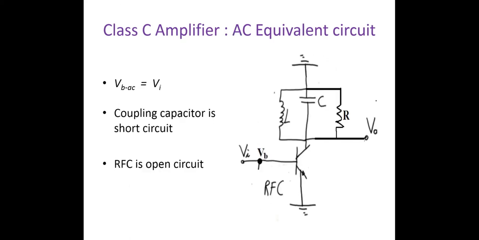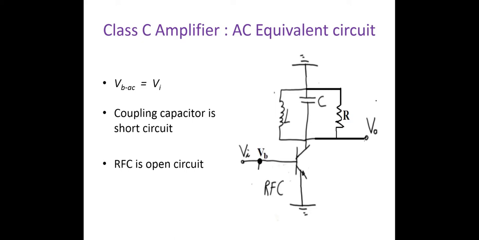The next step is to find the VBAC. So now for AC, the RFC choke is an open circuit because the inductance of RFC is very high, whereas the coupling capacitor will be short circuit, as the coupling capacitor is supposed to be short circuit in the operating frequency range.